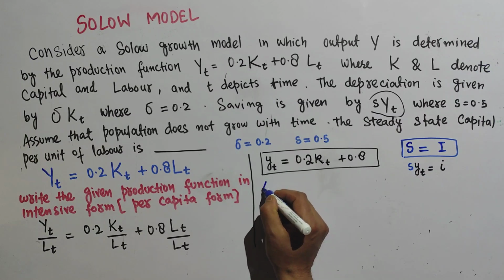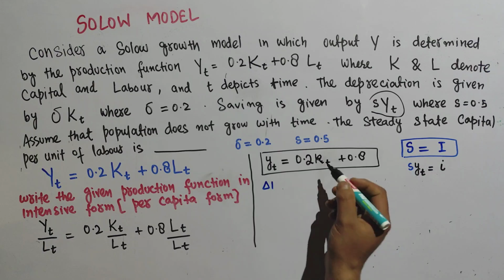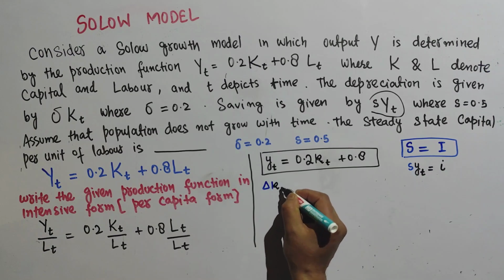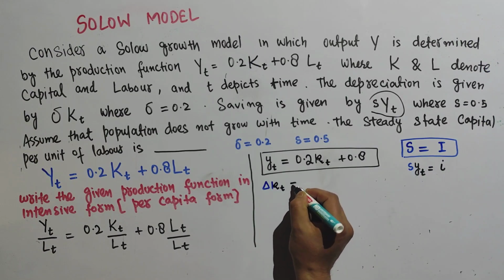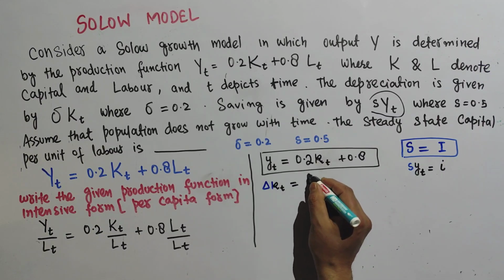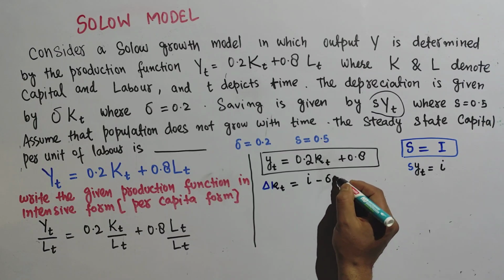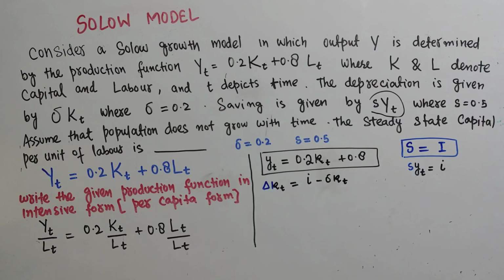It tells us the change in the capital stock, delta k_t, is equal to investment per worker minus the depreciation rate times capital per worker. This is the fundamental equation of the Solow model.